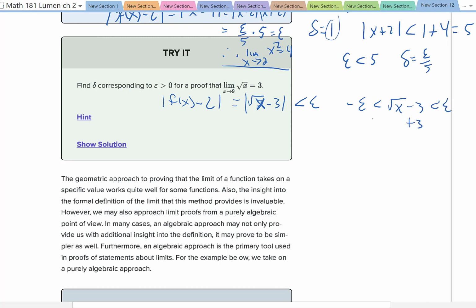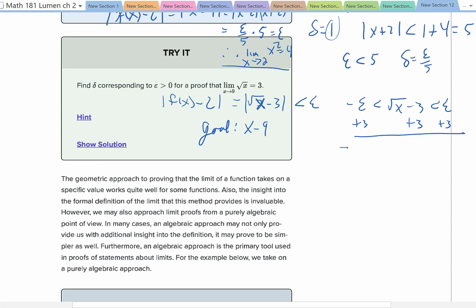And we add 3 to all the parts. Our goal, by the way, is to get this to be an x minus a. Sorry, our goal is to make it x minus 9, and that gives us values we can use for our epsilon.